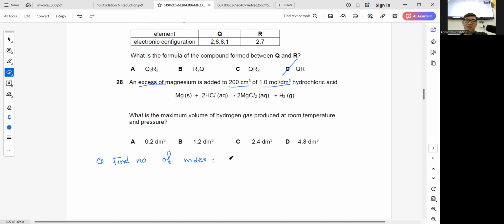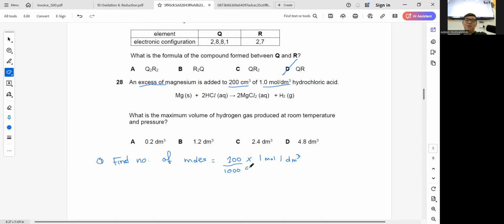Concentration times volume. Yeah, so what should it be? 200 times 1, is that correct? No. That is incorrect.